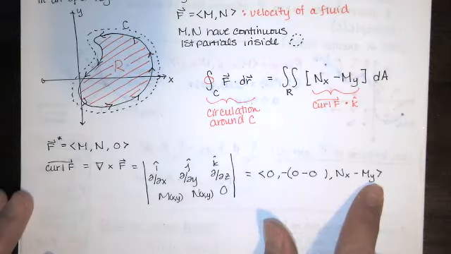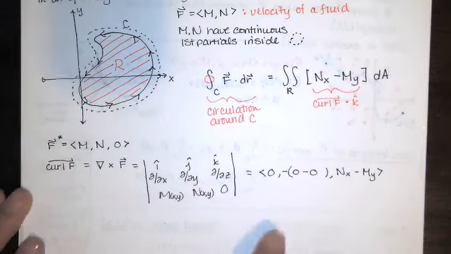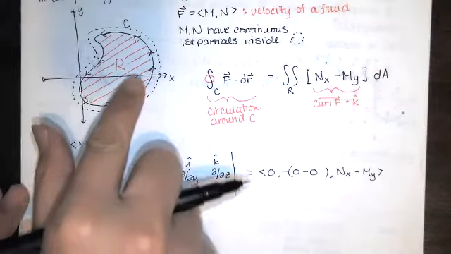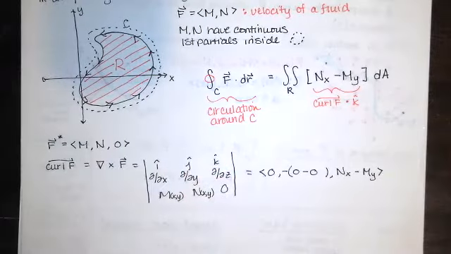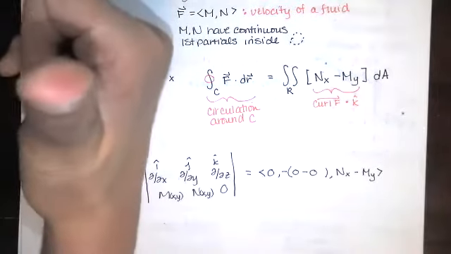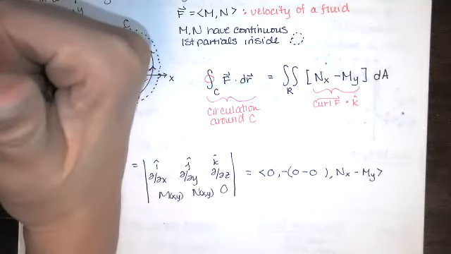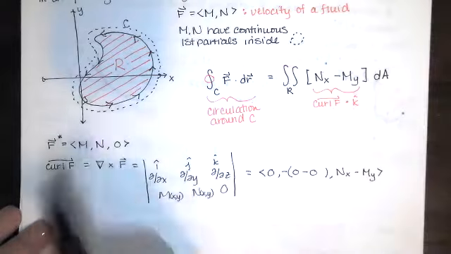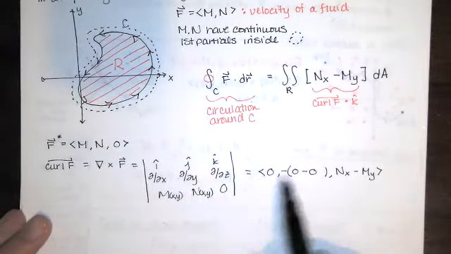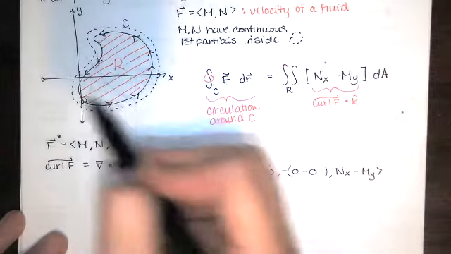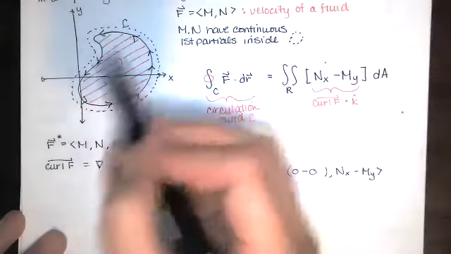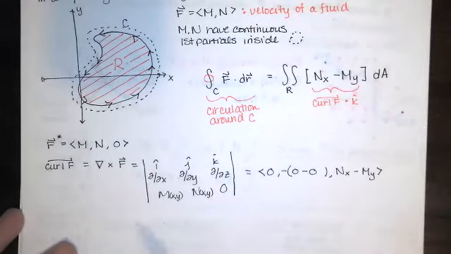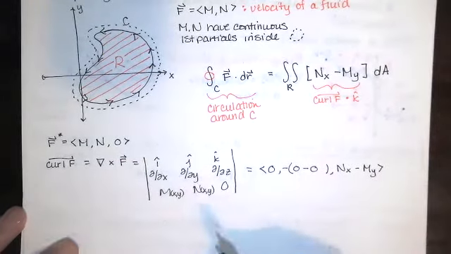You're saying, well, what does that mean? Well, it makes sense because our plane or our curve is down here. Somehow when we take that cross product, the entire cross product ends up pointing up or down. It's not going to have any components in the x or y direction because the field lies entirely in the xy plane. So we get this.